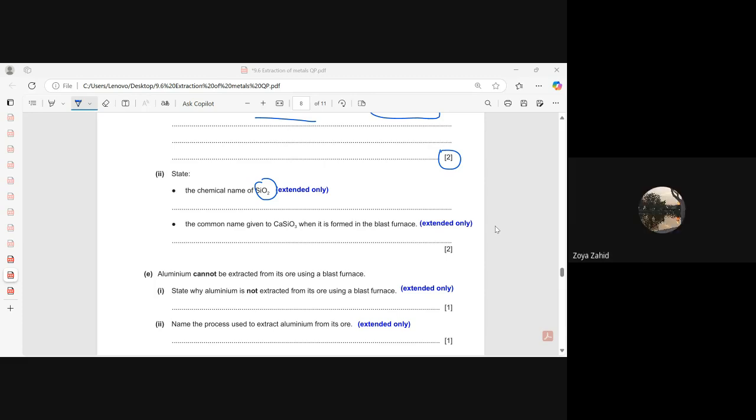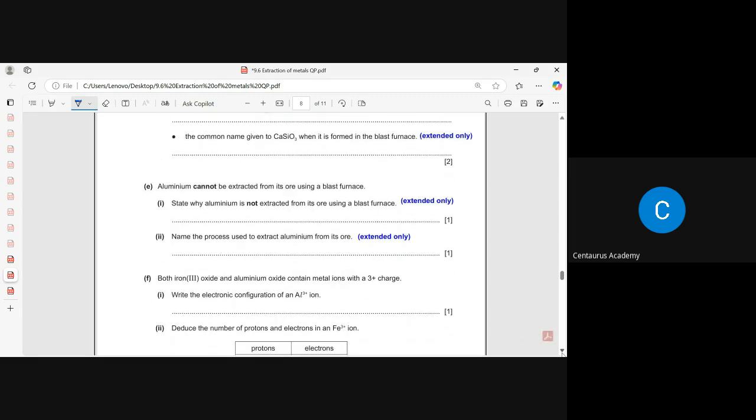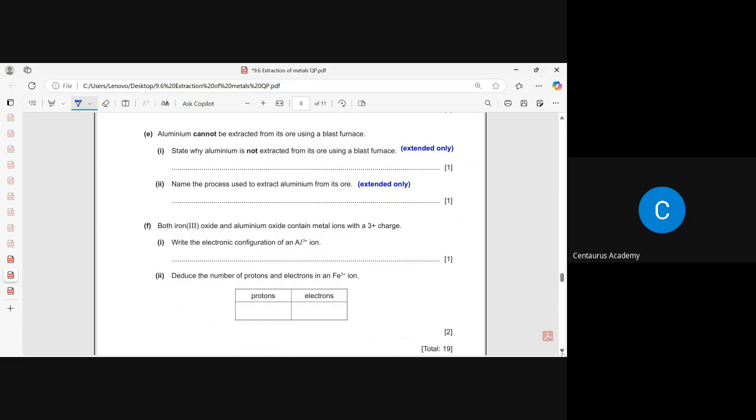Are we required to also put the Roman numerals? Of course, yes. Specifically, if you're talking about any transition elements, then you should place the Roman numerals within brackets. That is completely required, since it shows that you understand that transition elements have multiple or variable oxidation states.